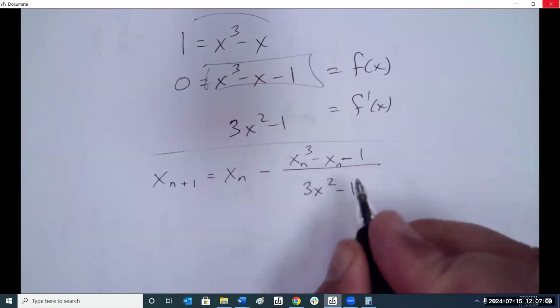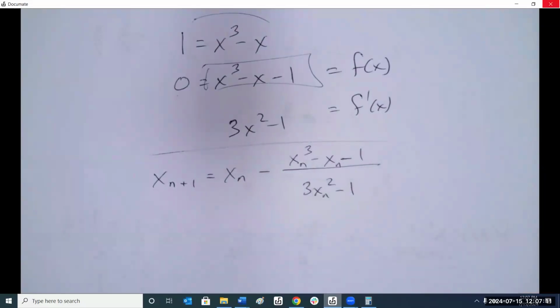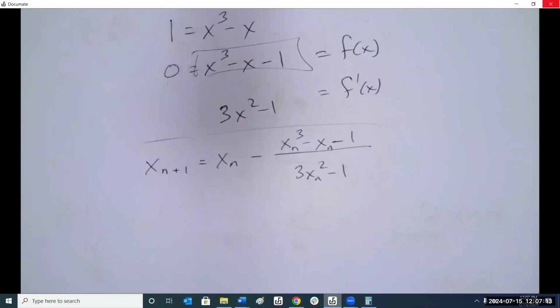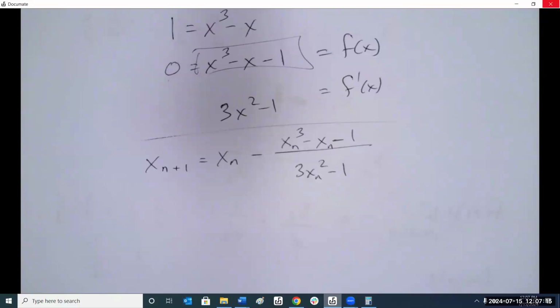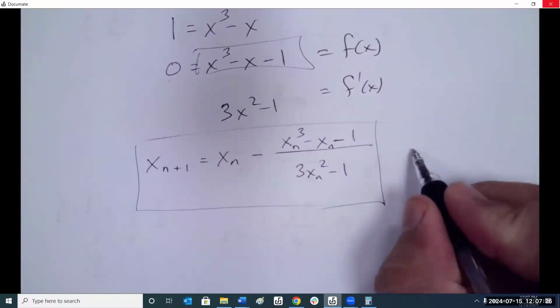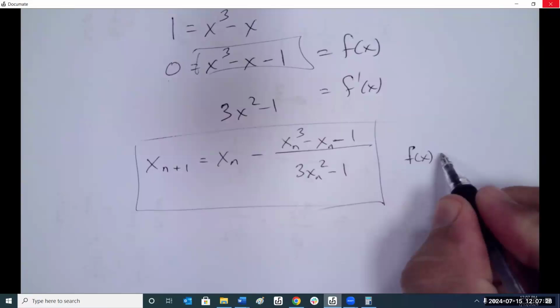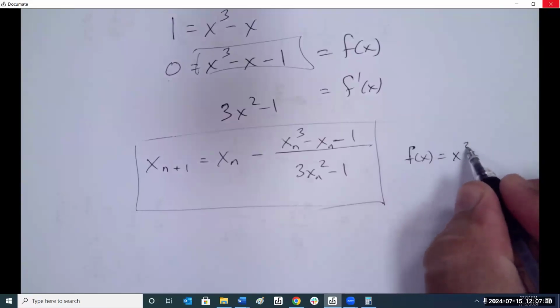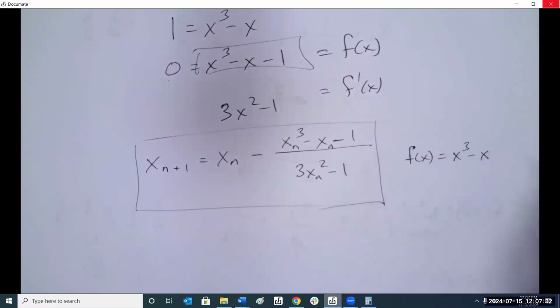These are all x sub n's. So now we have our formula. We have our function. We need our first guess.